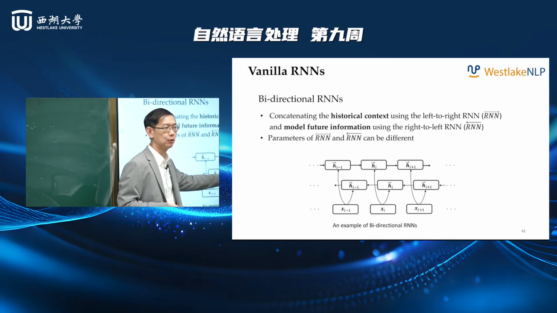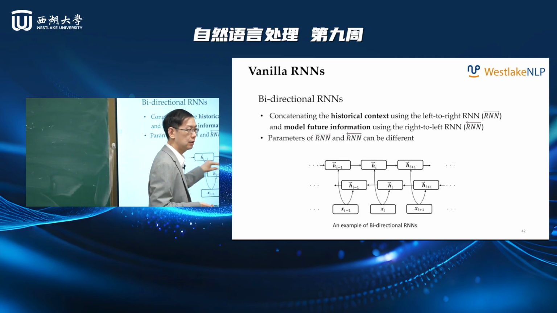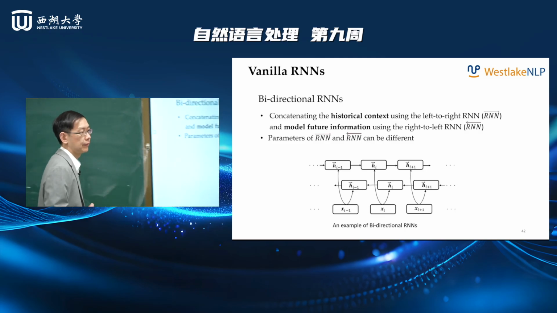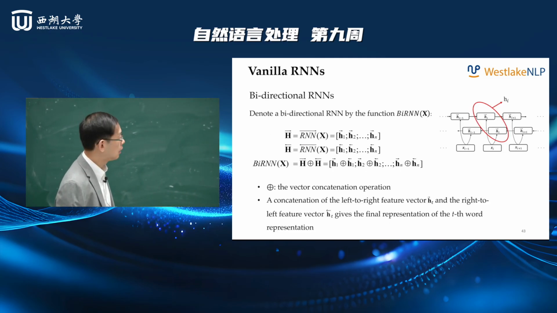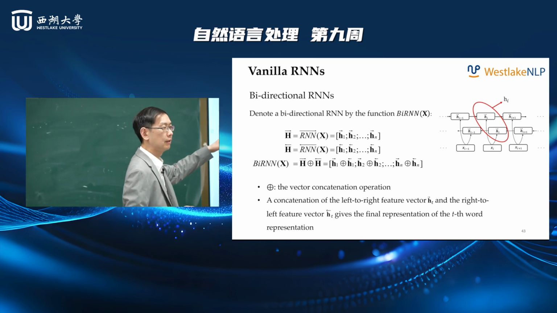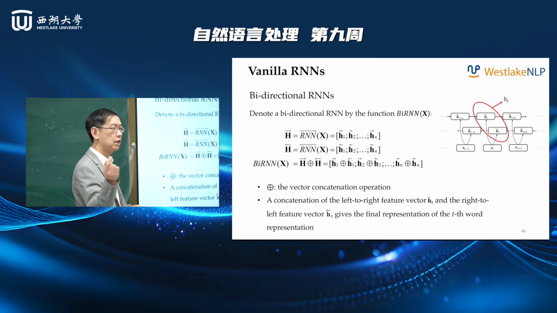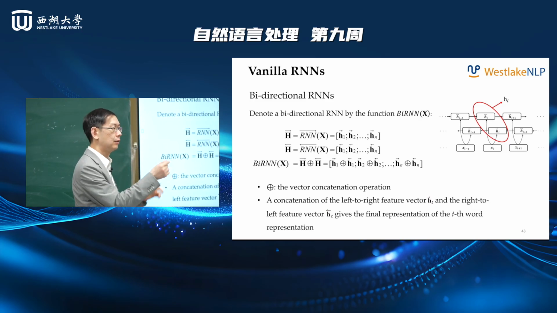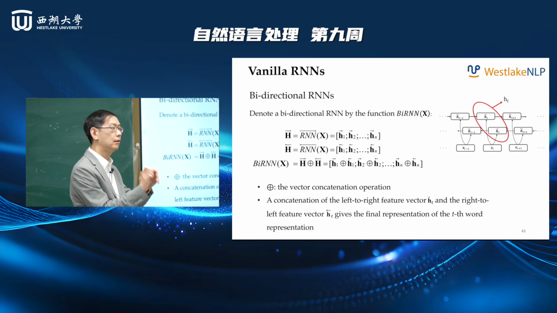So you can fix this problem by using one recurrent neural network from left to right and having another recurrent neural network from right to left, okay? And then in the end, you got some structure like this. My input is a sequence. I have one sequence here, another sequence here, right? If you concatenate HI from left to right and HI from right to left, then this concatenated vector will have information from the beginning of the sentence until this word, and from this word to the end of the sentence.